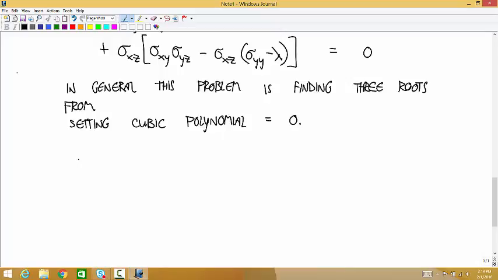The last thing you want to do is we don't just want to know those principal stress values. We want to know what the coordinate system is where those are the stresses.